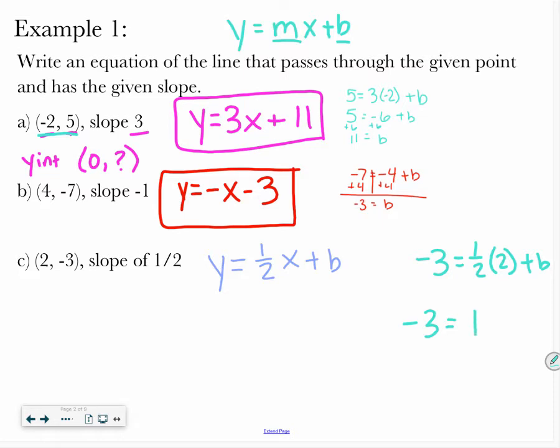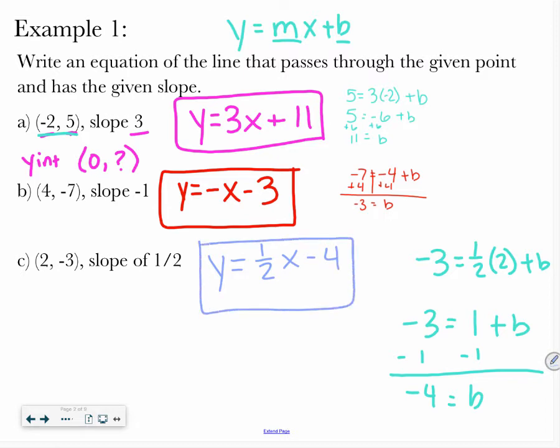That's just 1 plus b. If I subtract 1 from both sides, I have negative 4 equals b. So I can go back to my equation and, instead of plus negative 4, I'm going to put minus 4. And that is my equation.